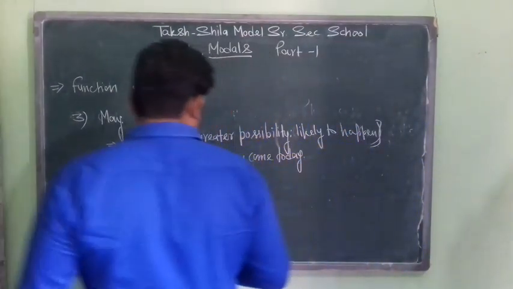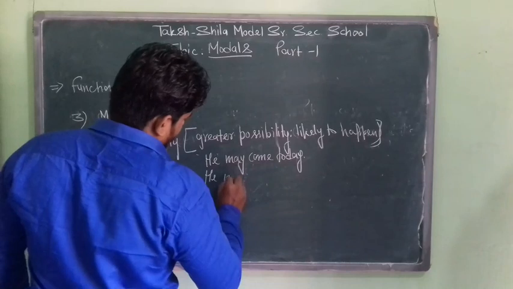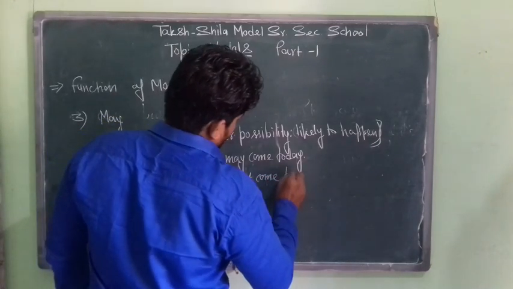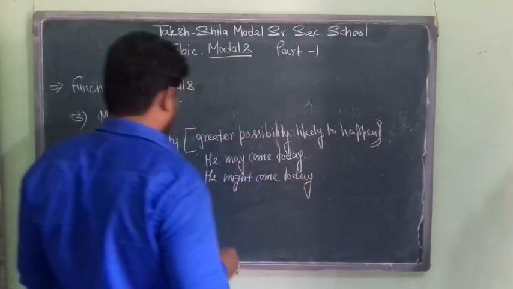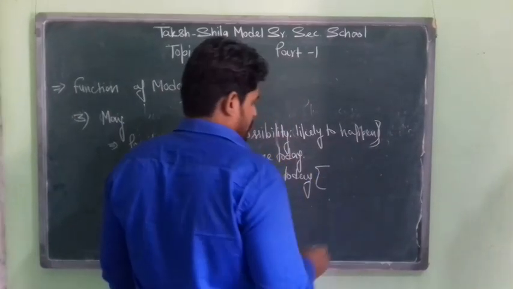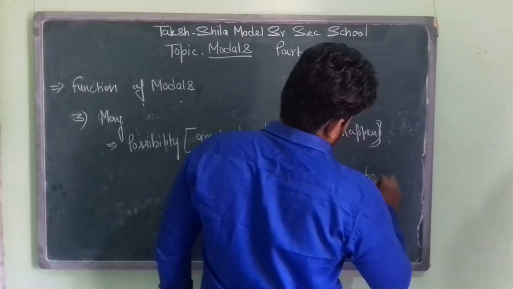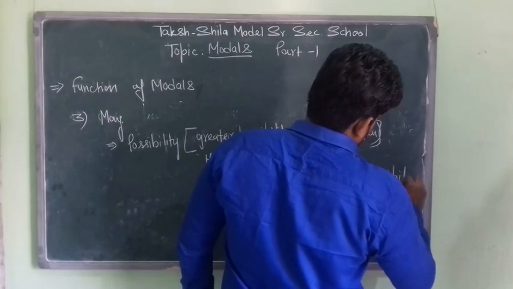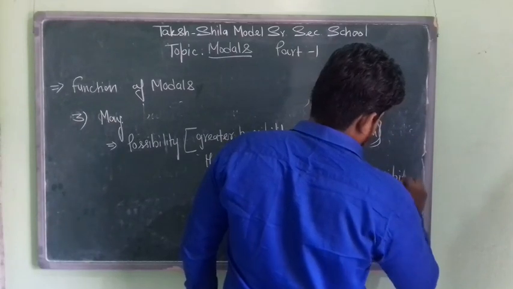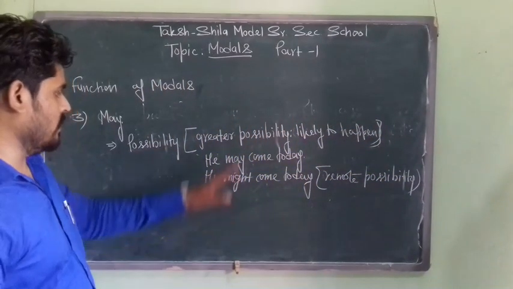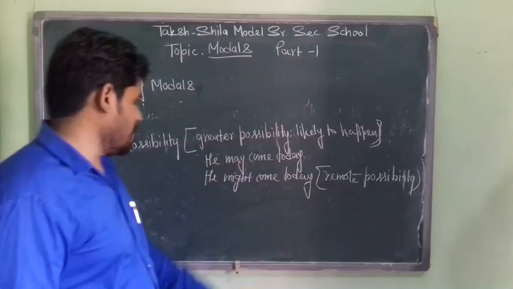But if I say he might come today, here might is used to express remote possibility. Remote possibility means lesser possibility, or less possibility than may.